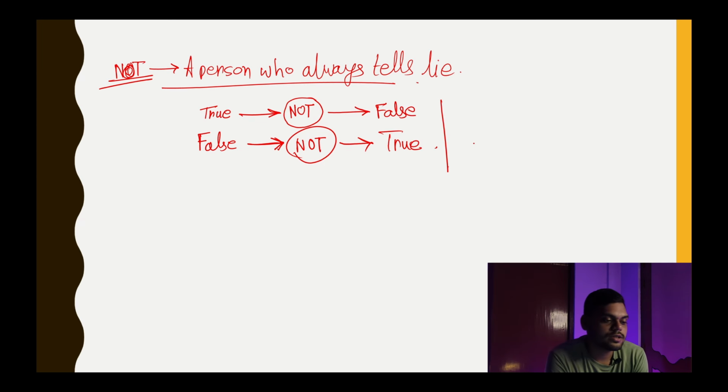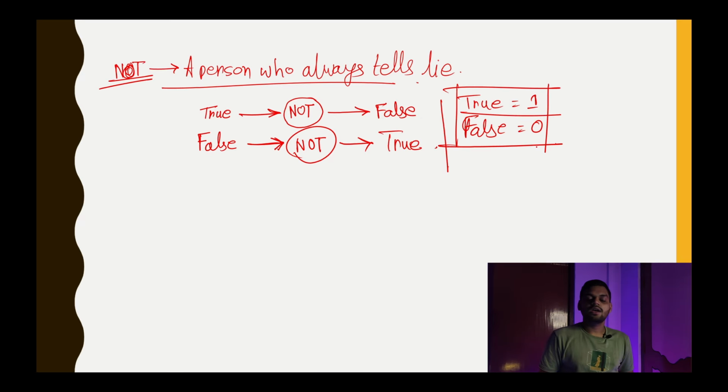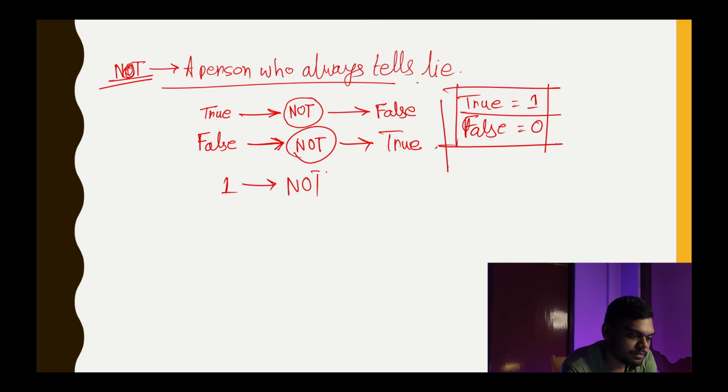By the way, we will be talking about the binary number system. There we will treat true as 1 and false as 0. If we say 0, it means false, and if we say 1, it means true. So similarly, if we pass 1 as input to the NOT gate, it will become 0 as output.